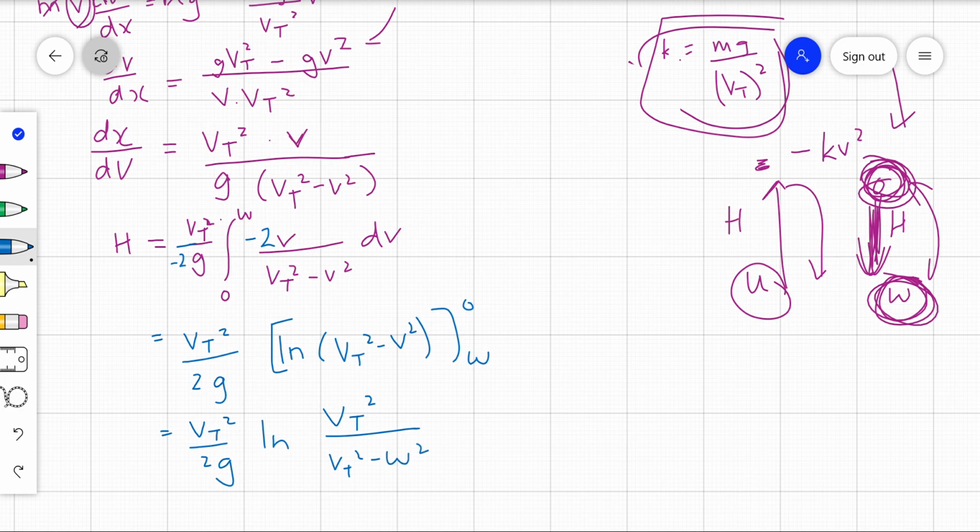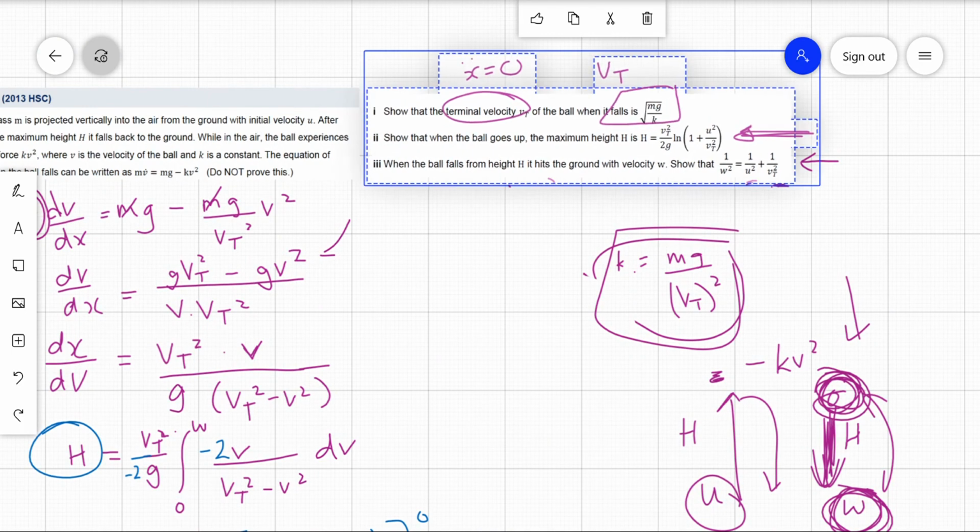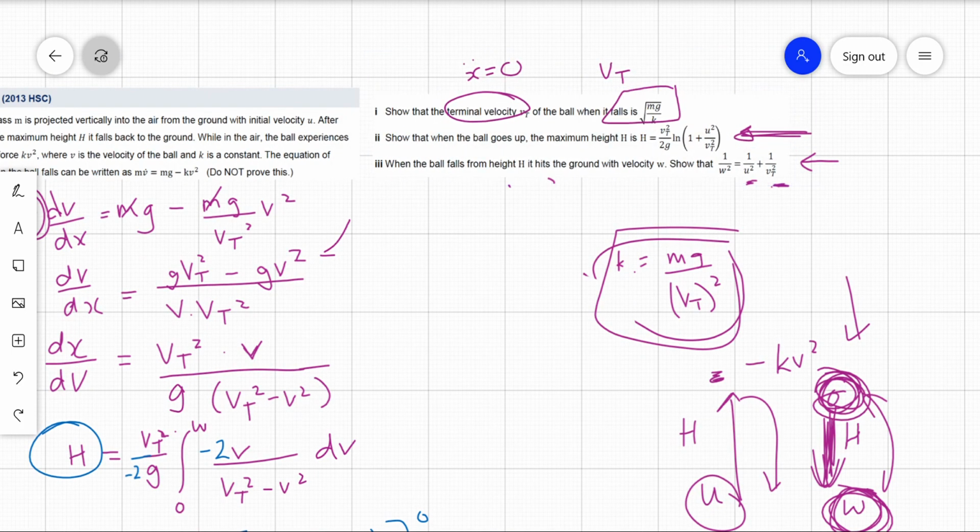Alright, now we haven't quite gotten what we want, but remember this is equal to h, and we do know what h is equal to. Unfortunately we can't see it though. Alright, so here we've got h from the second part, h is equal to vt squared on 2g log 1 plus u squared plus blah, blah, blah. Alright, and if you look at what we're trying to find, you can see there's none of the other stuff in there.